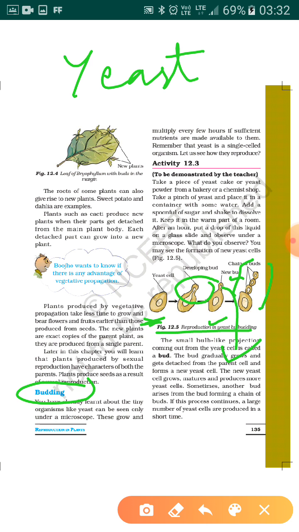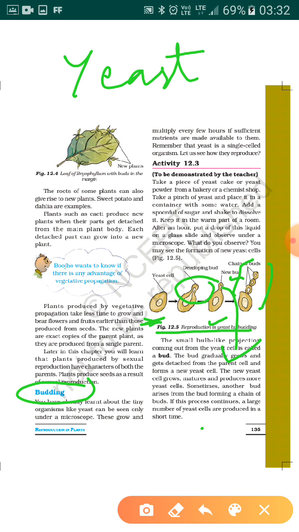But sometimes it happens that the previous bud does not fall off and the new bud grows over the previous bud, and in this way we get a chain of buds. You can see in figure 12.5, here we get a chain of buds. So this is the example of budding.